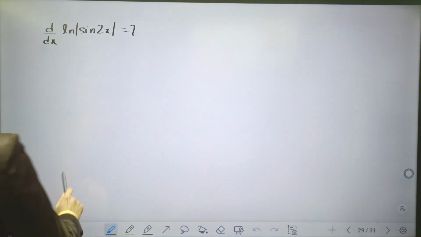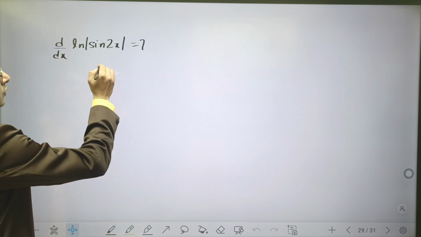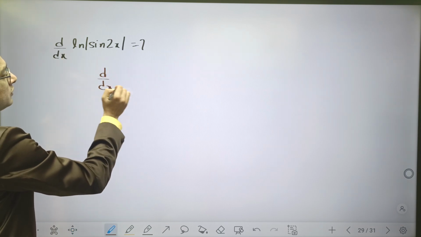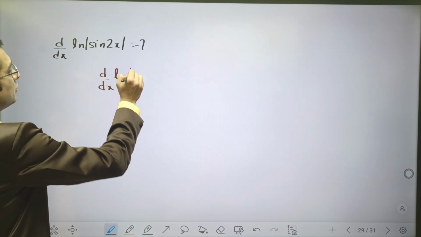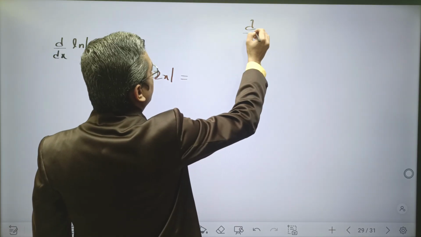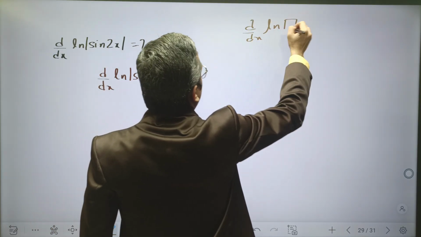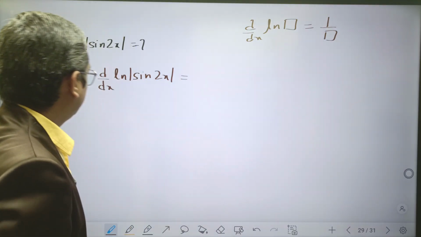Now d by dx of log of sine 2x. The first function you come across is log. When you differentiate log, the function goes into the denominator. So d by dx of log of anything, log of box, is equal to 1 by box, and the box may have anything.